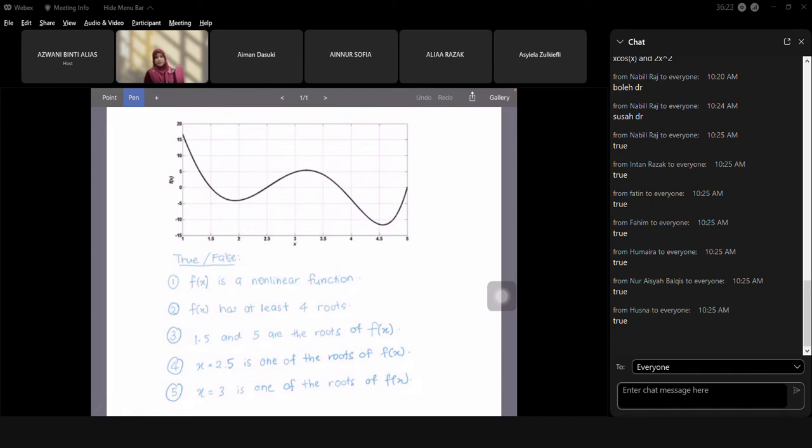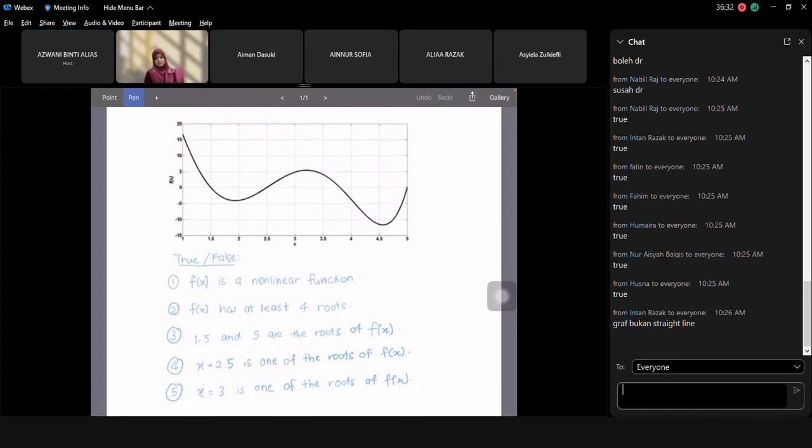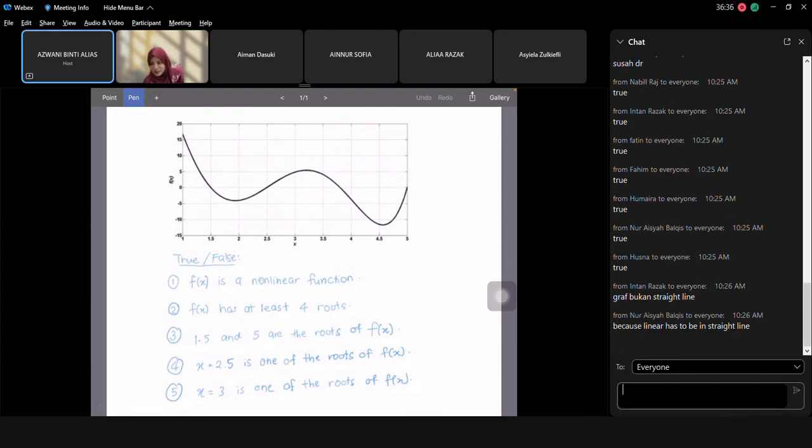The graph is not a straight line, correct. Because linear has to be a straight line. Okay, good Aisyah. Correct. Because it is not a straight line, it is automatically a non-linear function. So the first one is true.